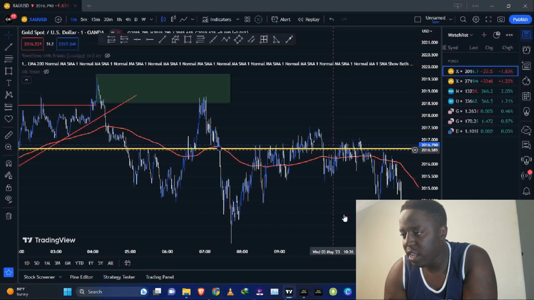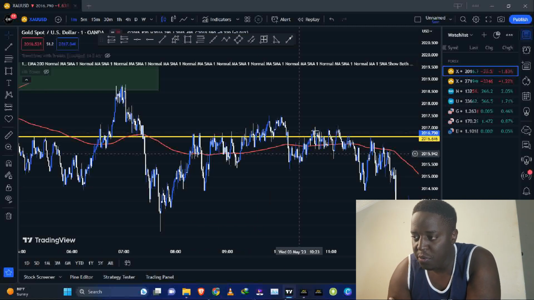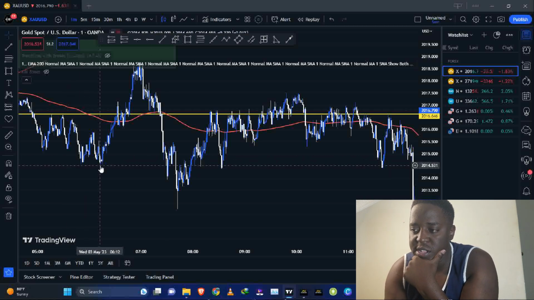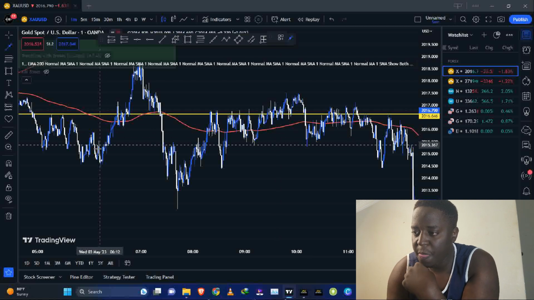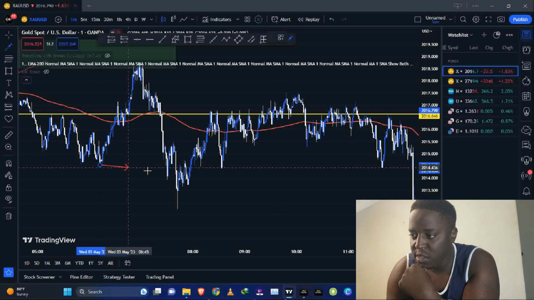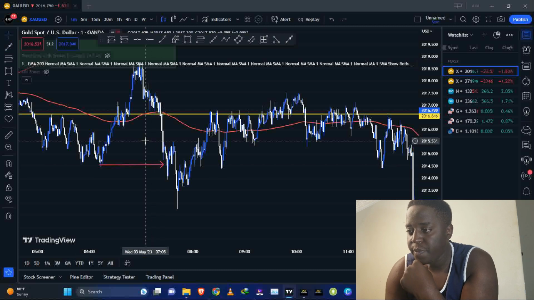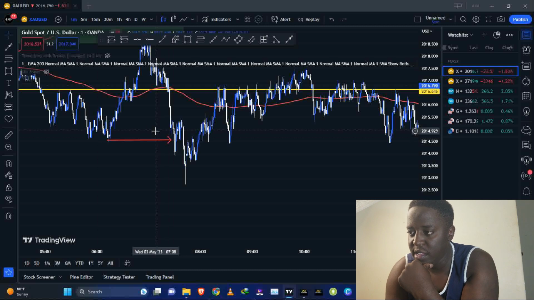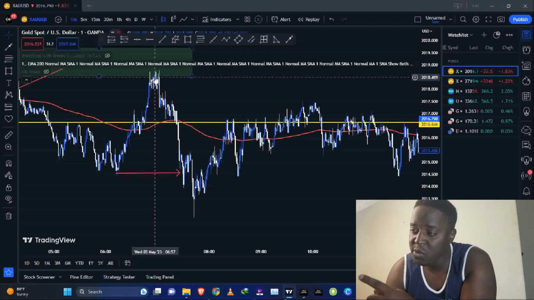So I was like, since this is a supply zone, we shall wait for the move down so that we can break this structure here. So I waited for that move to break this structure here. So there was a break of structure here, from this specific move where the supply zone was.